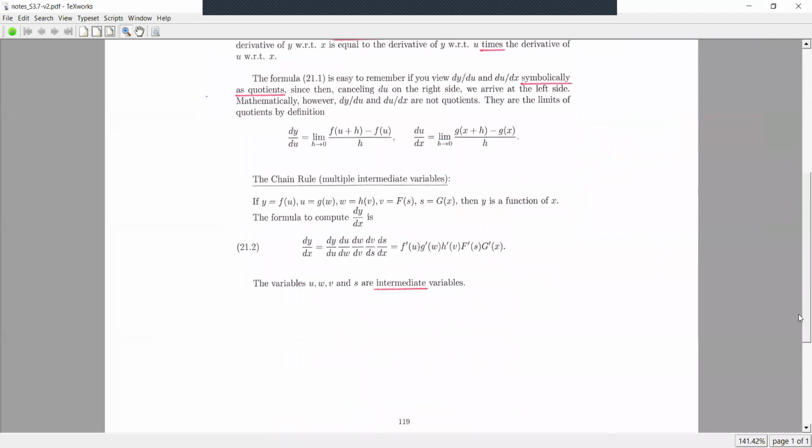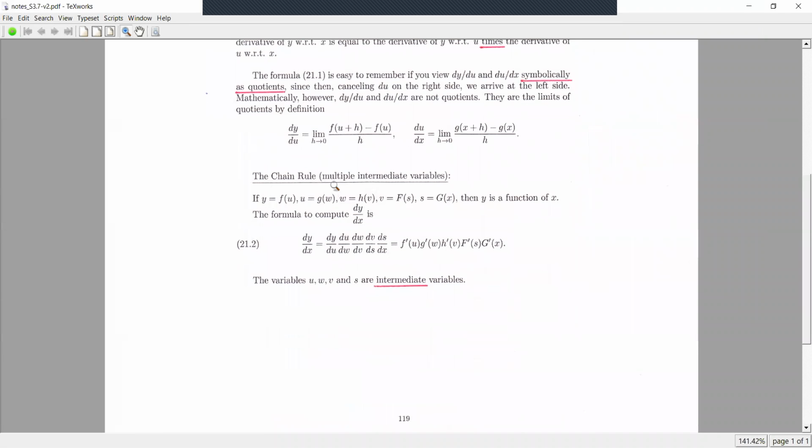The second one is with multiple intermediate variables. Take a review of the formula with multiple intermediate variables. Suppose y depends on u. u depends on w. w depends on v. v depends on s. And s depends on x. As a result, y depends on x. Therefore, y is a function of x.